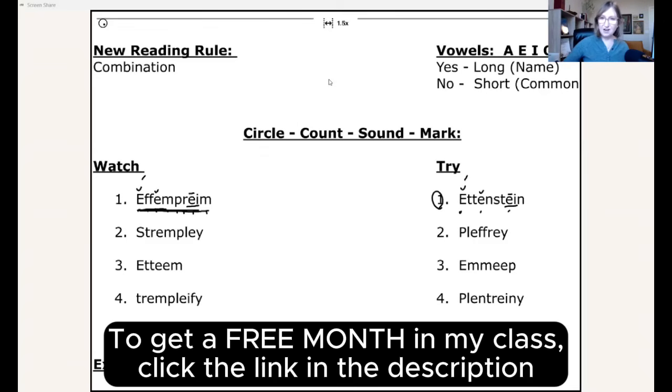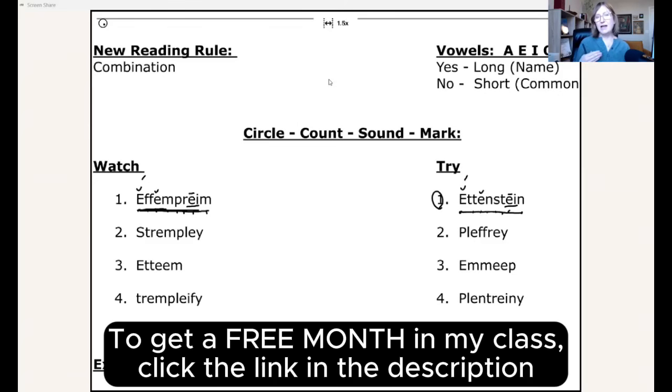All right, so our sounds are t, n, E, N. Let's just blend those one at a time. Etenstein, Etenstein, Etenstein, sorry, N at the end.